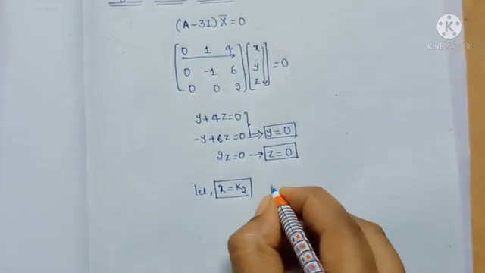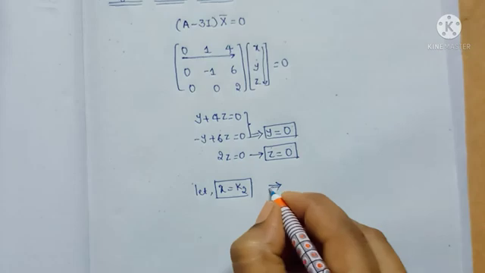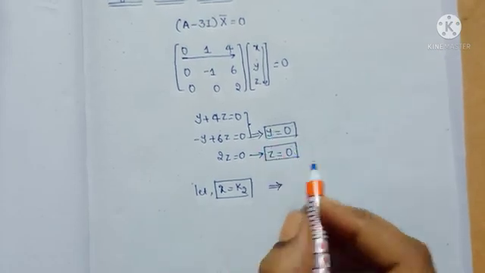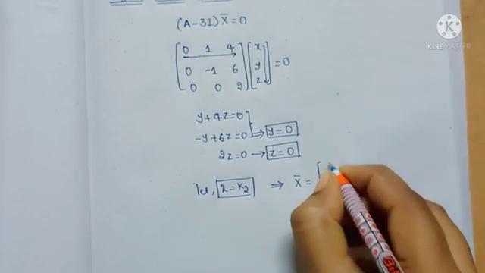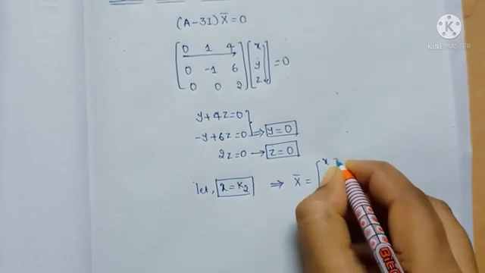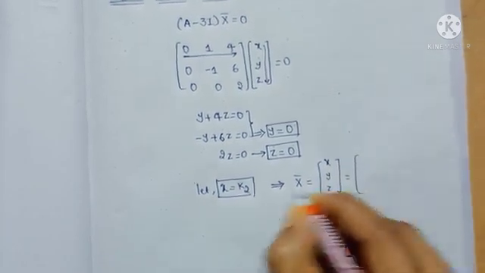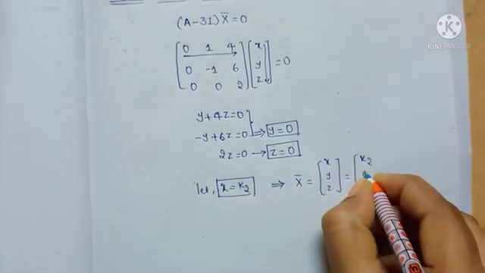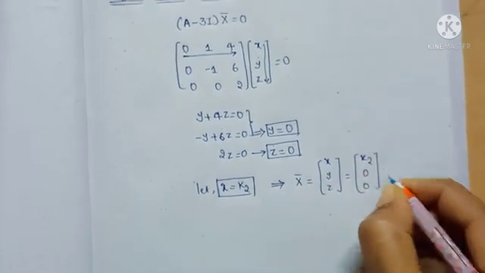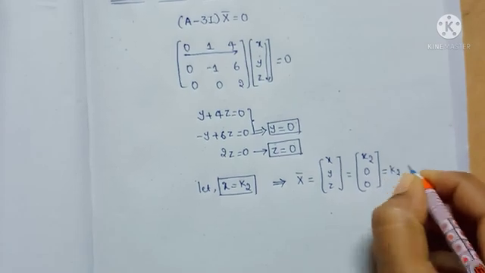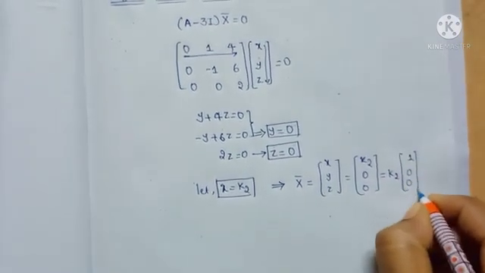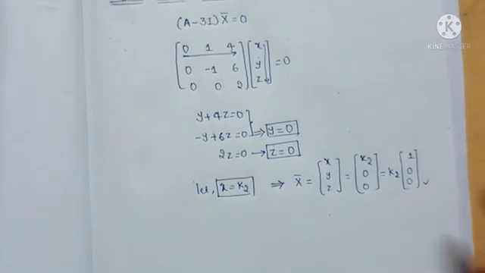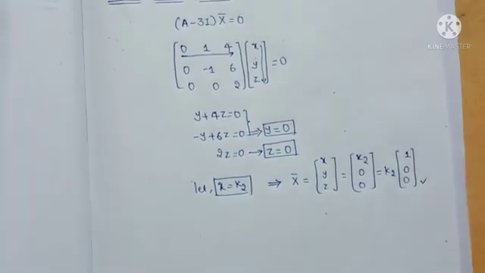Now coming to the eigenvector for lambda equal to 3: x bar is equal to x, y, z, where x is equal to k2 and y equal to 0, z equal to 0. Taking k2 common outside the matrix, we get 1, 0, 0. This is the eigenvector for lambda equal to 3.